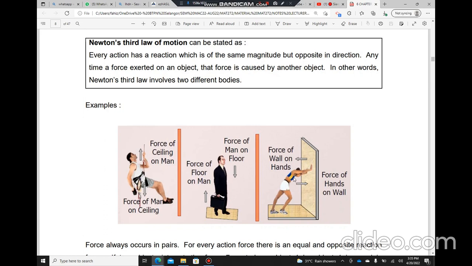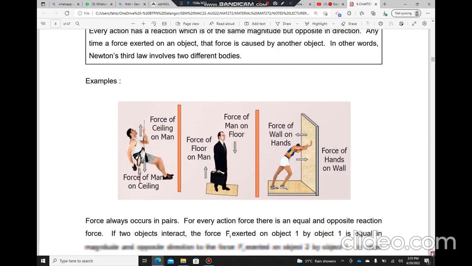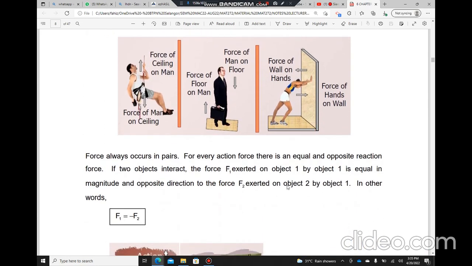Okay, contoh satu lagi yang ni, dia tolak dinding. So force of wall on hands and then force of hands on wall. Dua-dua ada force. So force always occurs in pairs. Force ni dia selalu ada dalam bentuk pasangan. For every action force, there is an equal and opposite reaction force.